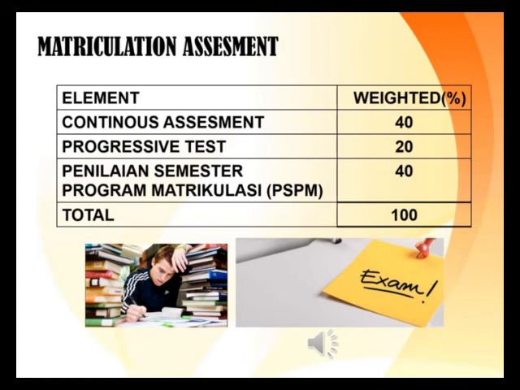You will have 4 progressive tests, but we are going to choose 3, which carry 20 marks for the PSPM. Lastly, you will attempt the Penilaian Semester Program Matrikulasi, which is PSPM. This consists of 40% of the final exam.